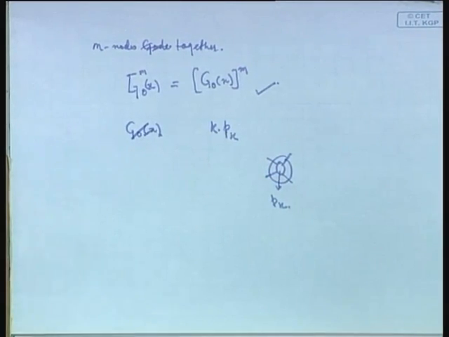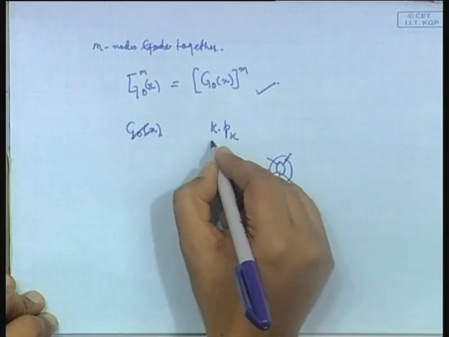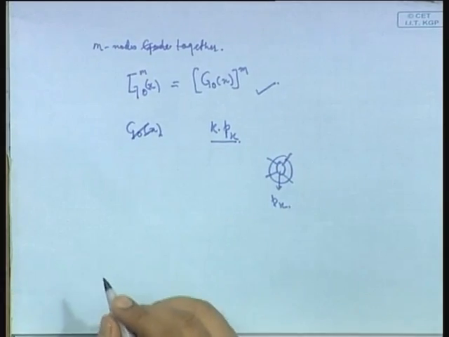The same concept which I told last, that if I have more neighbors, I have more chance of reaching a k degree node. If I have fewer neighbors, I have less chance of reaching a k degree node. So, this becomes kpk. Okay.